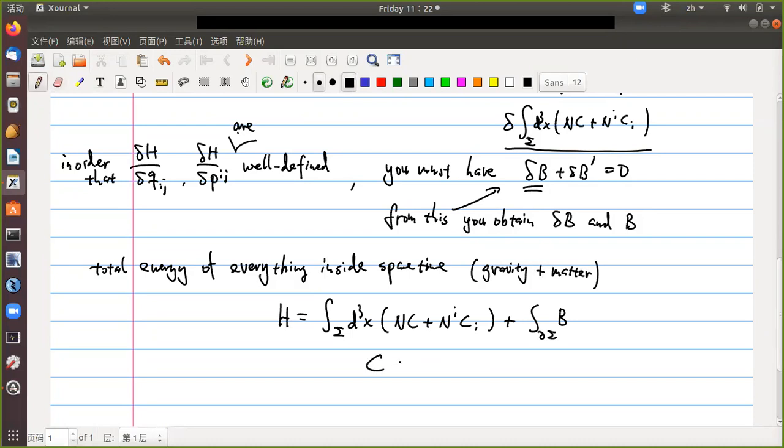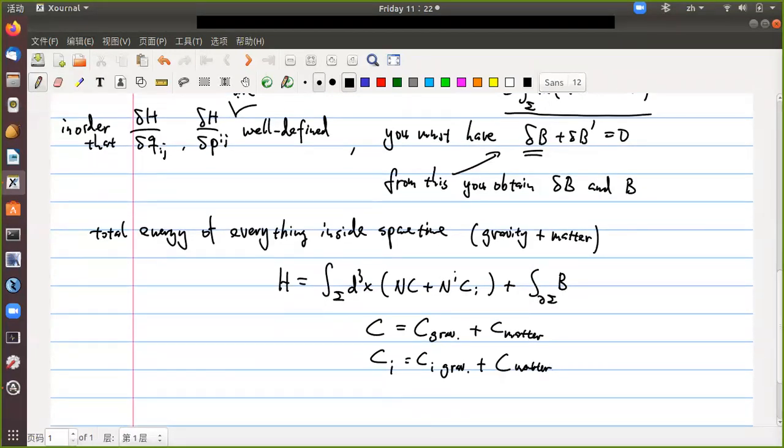So C will be C gravity plus C matter, and similarly for C_i. If you do the Hamiltonian analysis for gravity coupled to matter, you get some additional matter terms in your constraints, but this expression is not going to change.